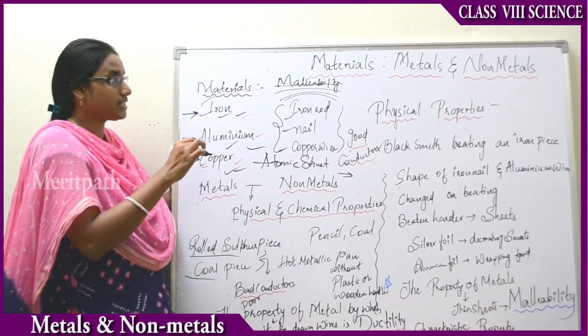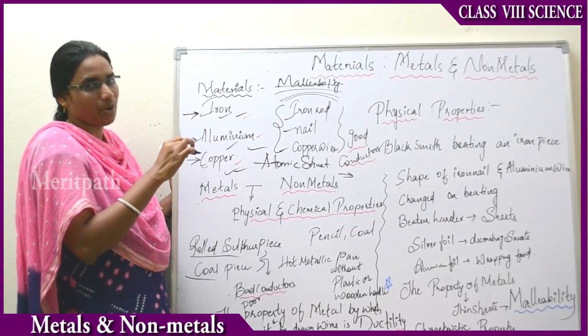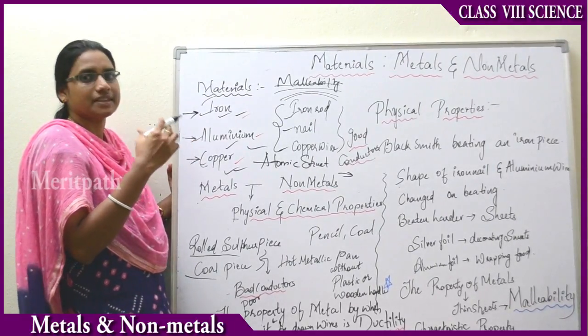Please remember that point. And this property is known as the malleability property. And this is the first property of metals.